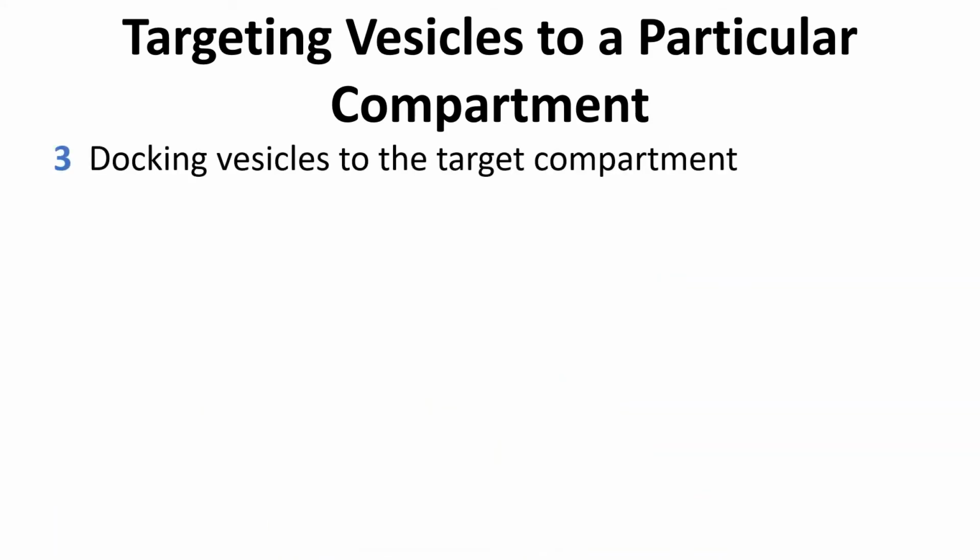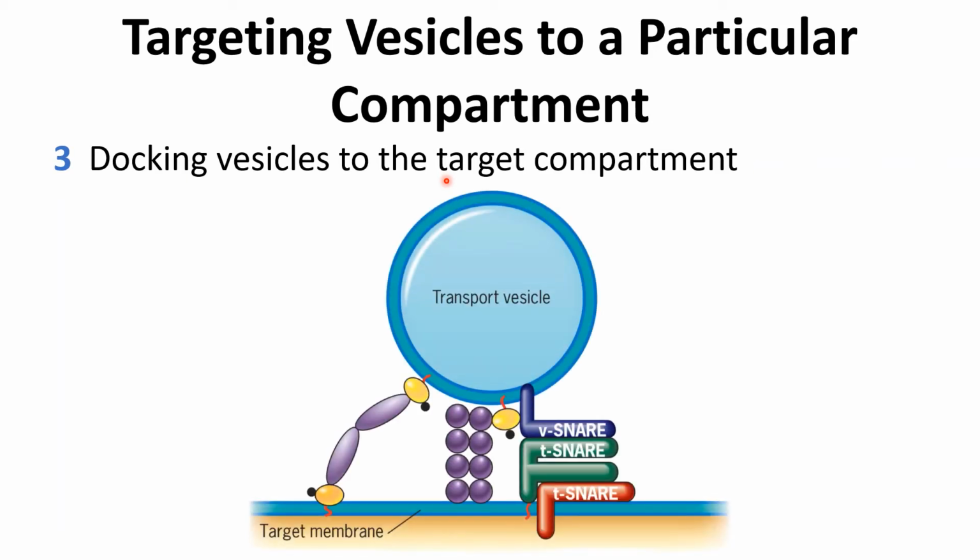Once the tethering, the anchoring, is done, docking needs to happen. The ship really needs to dock on the port so that the passengers, the proteins carried in the vesicles, can move safely into the port. The docking proteins are these SNARE proteins.